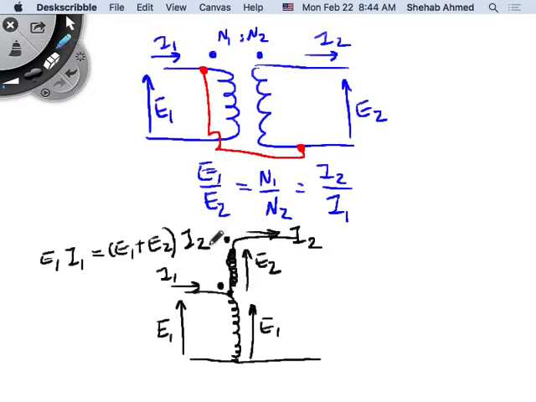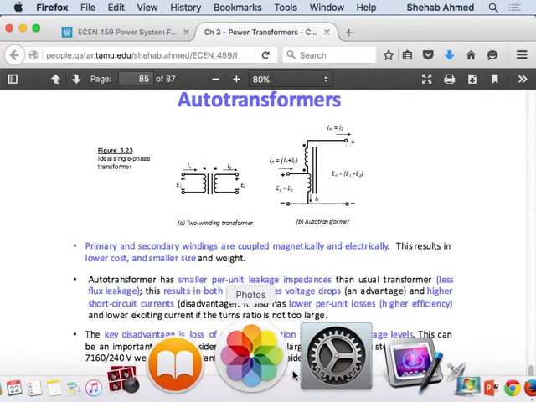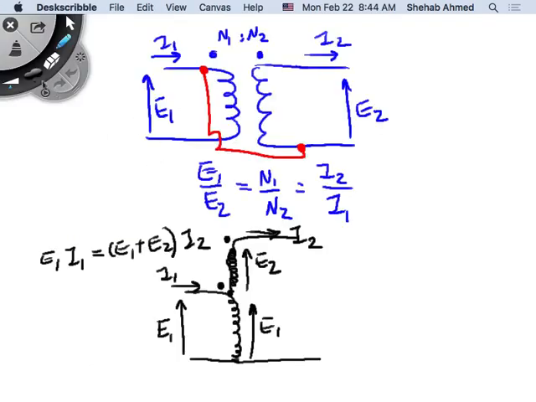Wait. No, sorry. This is current coming in here. And this current is where? Okay, this current is coming in here, and it will go where? This is I1. This is I2.